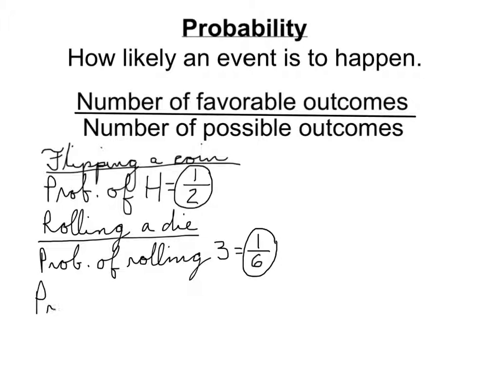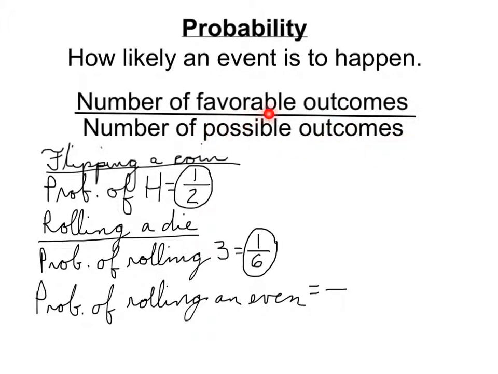Let's also find the probability now of rolling an even number. Again, the denominator is going to be a little bit easier to find. The number of possible outcomes, well, 1, 2, 3, 4, 5, 6, there are 6 of them.